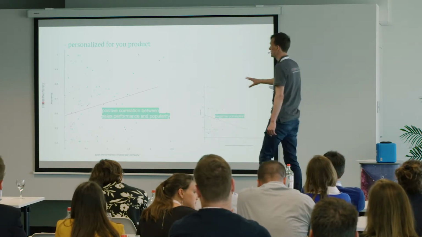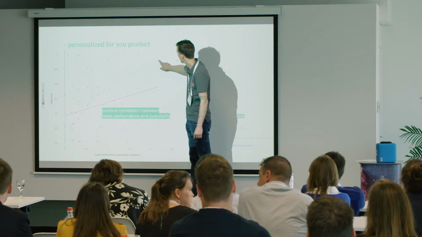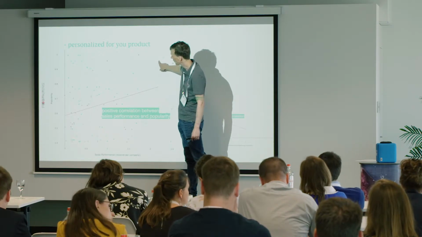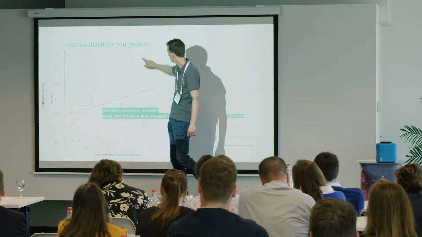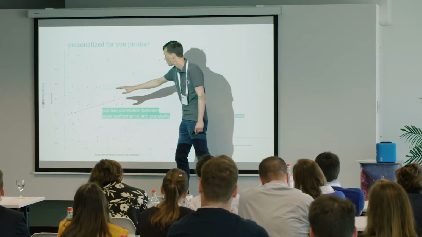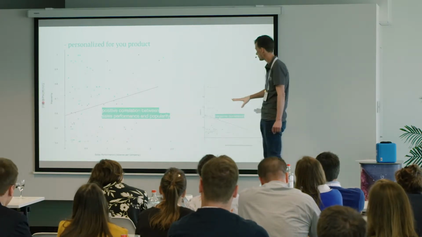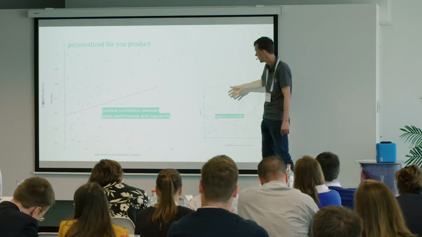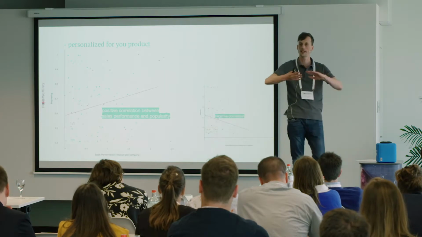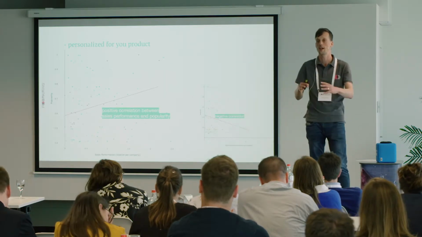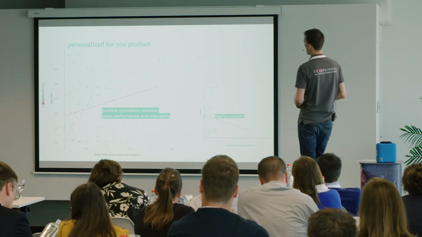So, for example, you see here that there's a positive correlation, so each point is a product, and each color is a different brand. So for the red brand, we found a positive correlation between the sales performance and the popularity. For some, like in this case, we found a negative correlation between the trend and the sales performance. So then we can adapt the attributes, their weights, and the optimal ranges, so to better fit your portfolio.